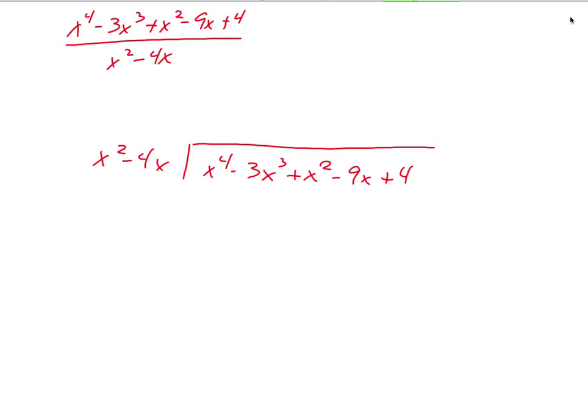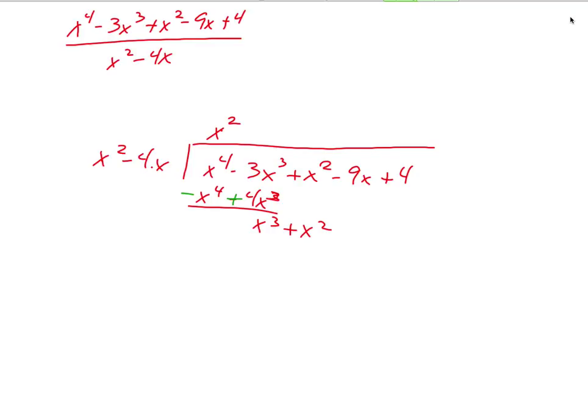So first thing I do is x to the 4th divided by x squared gives me x squared. So I do x squared times x squared gives me x to the 4th. I do x squared times negative 4x, which is negative 4x cubed. What's next? Switch the signs. So the x to the 4th cancel. I get x cubed plus x squared.